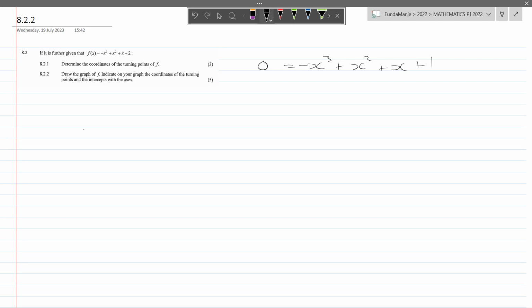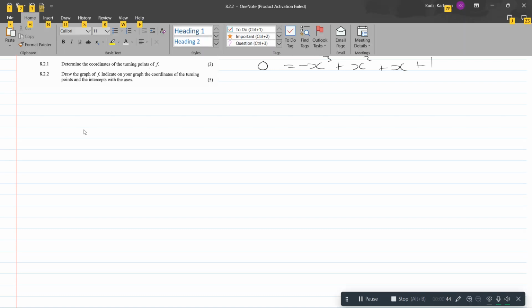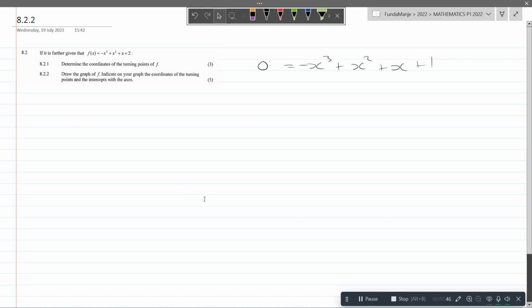And the method that we use to find the intercepts is the following. So the method that we use in order to find our x-intercepts is we first have to guess one of the values of our x-intercept, and then we can find the rest, because if it's a cubic function we can have a total of 3 intercepts. 1, 2, 3.